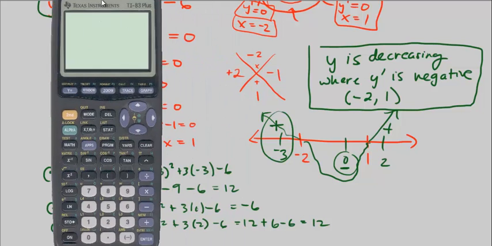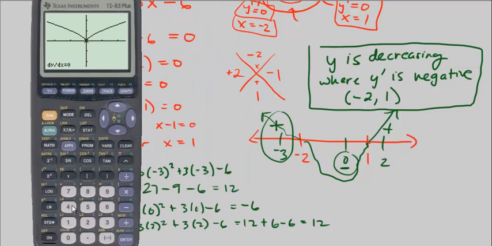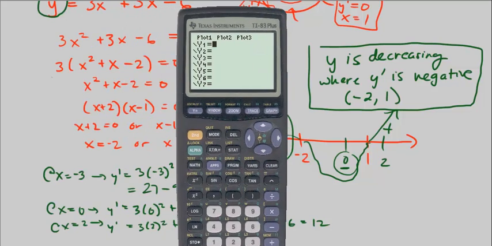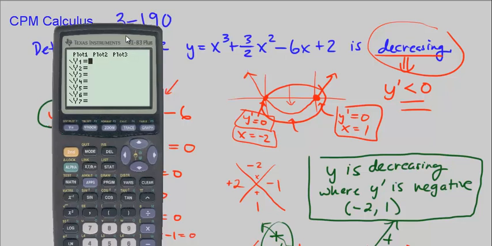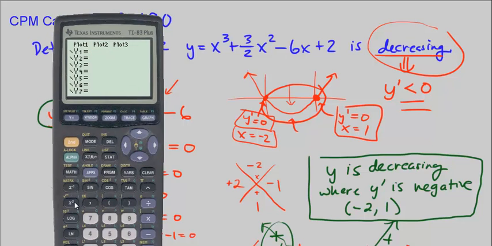All right? Between negative 2 and positive 1, let's go ahead and graph that and check. Okay, let me get out the calculator. Let's use this one. Why not? Okay, so what is y? Y, again, is x cubed plus 3/2 x squared minus 6x plus 2.